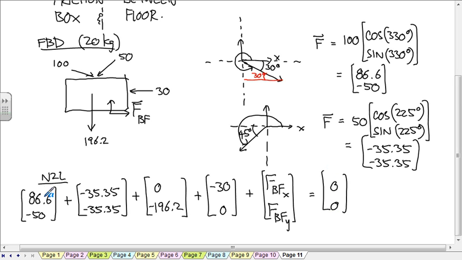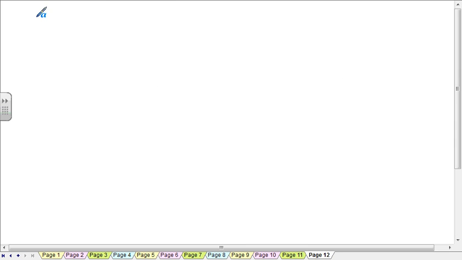And so now we have 2 equations for the 2 unknowns, the 2 components. You can think of the x component as equation 1, the y component as equation 2. And if you solve that, you get that the force on the box by the floor is equal to negative 21.24 newtons, positive 281.56 newtons.